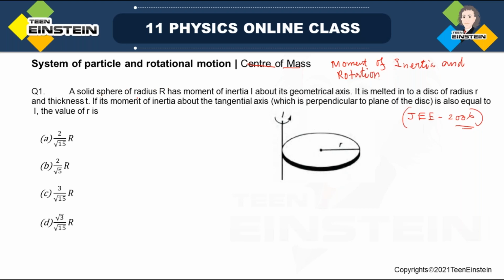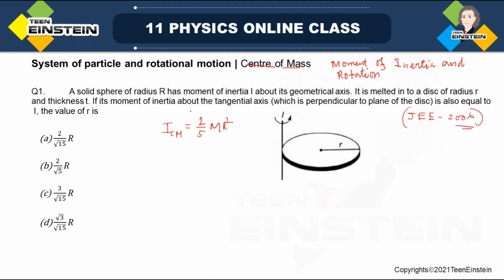In this case, the solid sphere has radius capital R and its moment of inertia is given as I about its geometrical axis. That means the moment of inertia about the center of mass for the solid sphere. This moment of inertia for a solid sphere is 2 by 5 M R square, if the mass of the sphere is capital M and R is the radius.